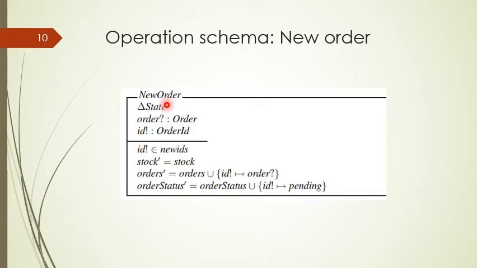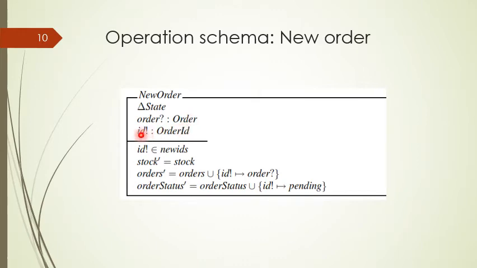Therefore, this operation would change the state of a system, so the delta decoration will be introduced before the name of the system state schema. And order with the symbol of question mark is an input order, and its type is order. And you know that order is an extended type, which is basically a bag of products.